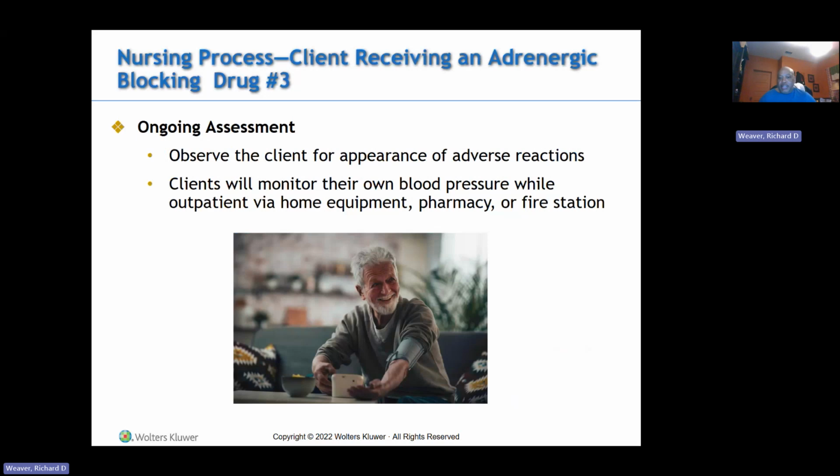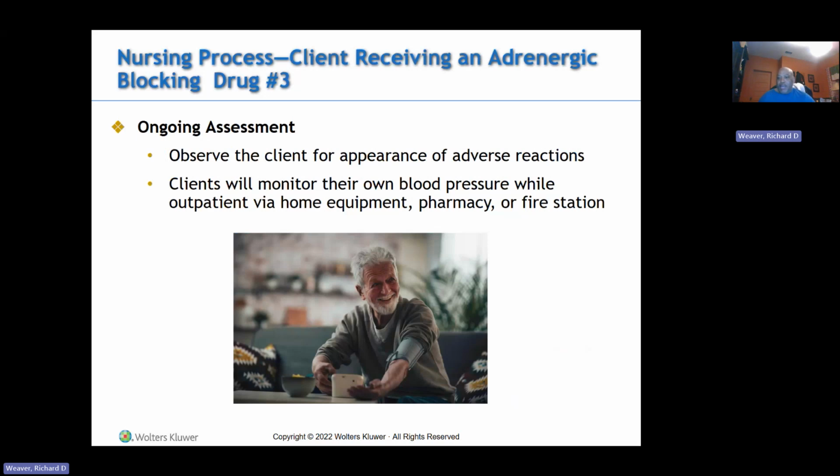Now, typically, hypertensive clients will be asked to monitor their own blood pressures between visits. So while they're at home, hopefully they have a blood pressure cuff. They're fairly inexpensive, but if not, they can go to a pharmacist or the fire department and take their blood pressures.